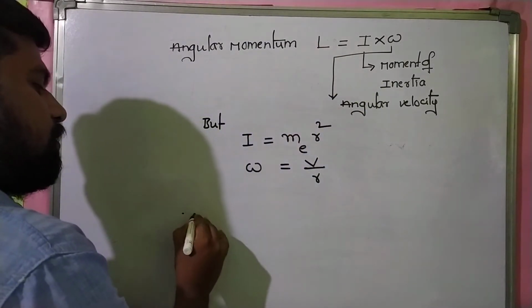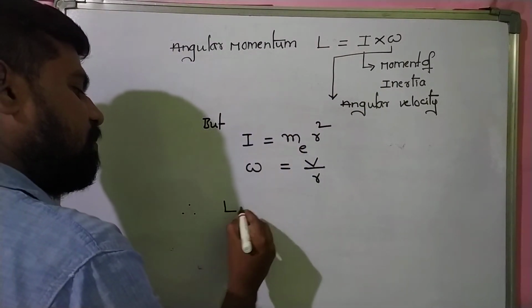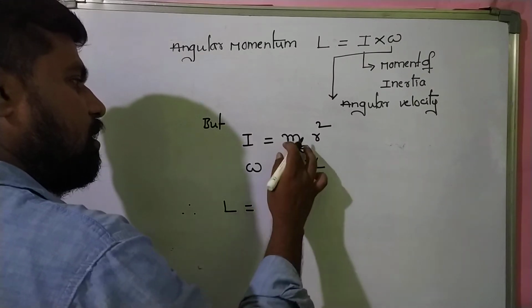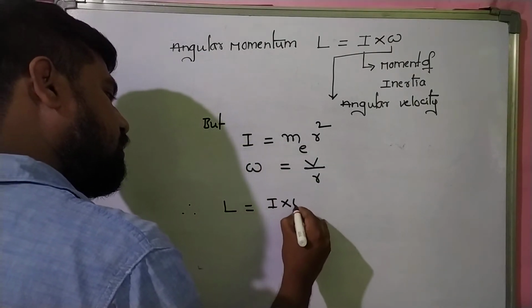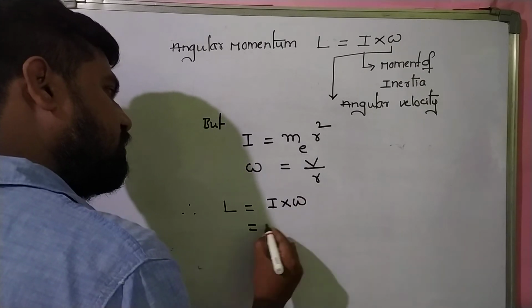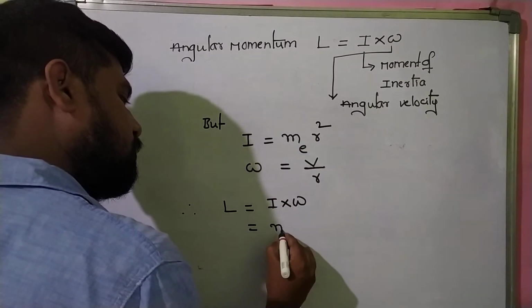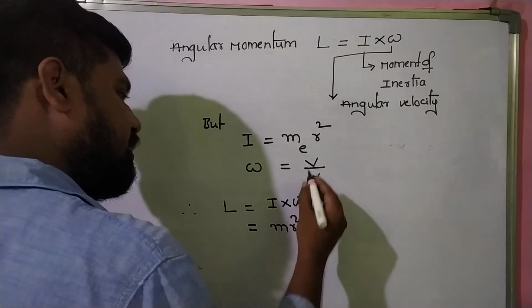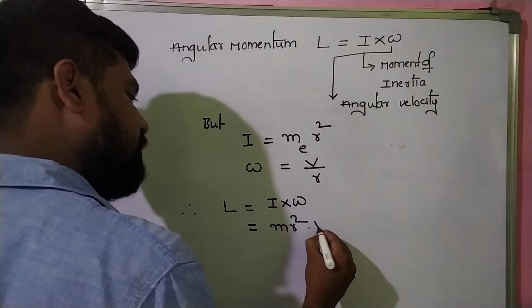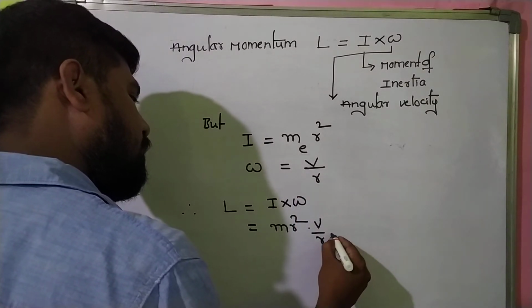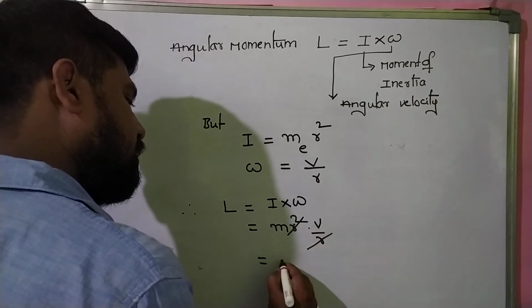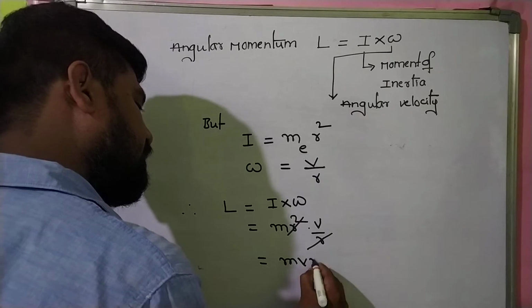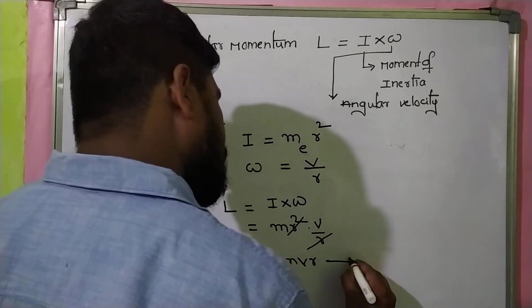Therefore orbital angular momentum L equal to I into omega, that equal to m r square into v by r, r is cancelled. Now mvr, so this is equation number 3.